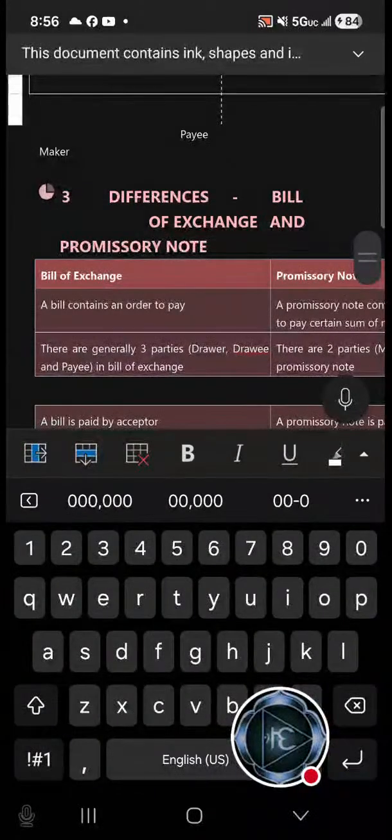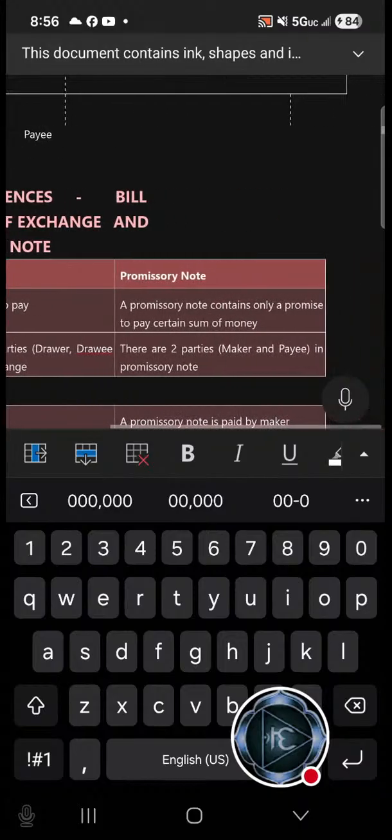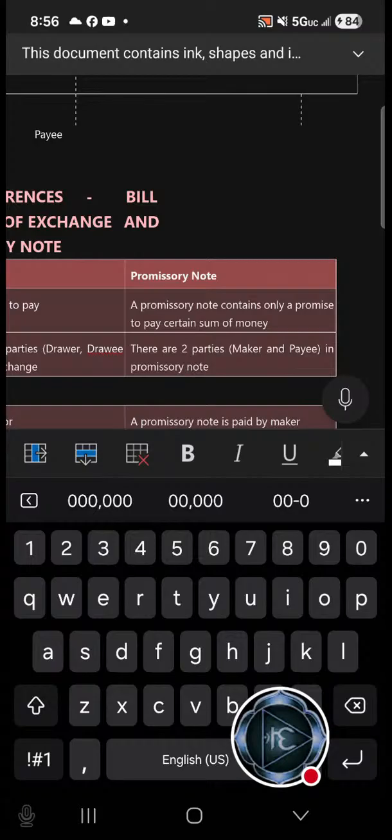Okay. Three differences between bill of exchange and promissory note. A bill contains an order to pay. A promissory note contains only a promise to pay a certain sum of money.